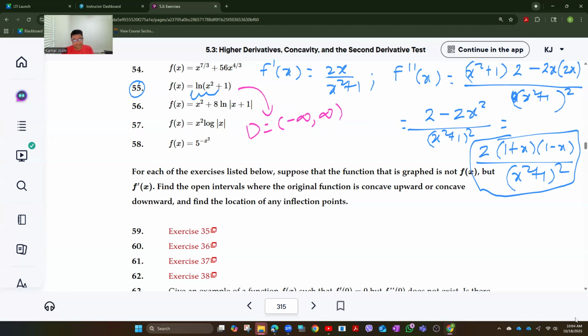Think about that. If you thought about it, you would have seen that it's because we have x square plus 1. No matter what x you give, the domain is not about what is input for ln. The domain is about what values of x can you give. Now the input for ln has to be positive, but because it is x square plus 1, it is always going to be positive no matter what x you give.